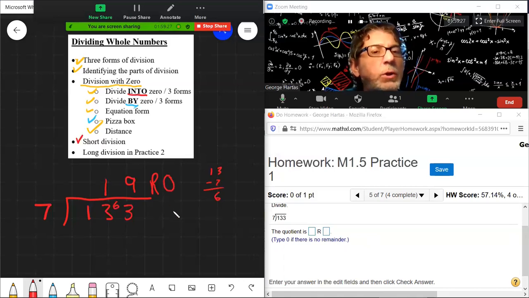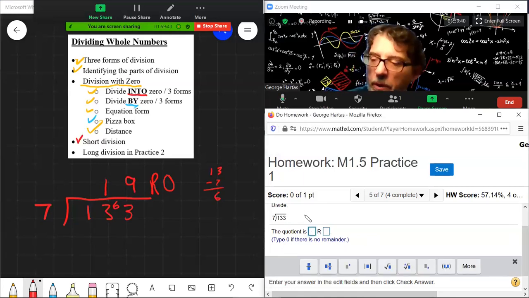There's nothing left over because 7 goes into 63 exactly 9 times, perfectly. All right, so let's try it out and see if it works. So our quotient, which is the whole number part of the answer, is 19, and then the remainder is 0. There's nothing left over.